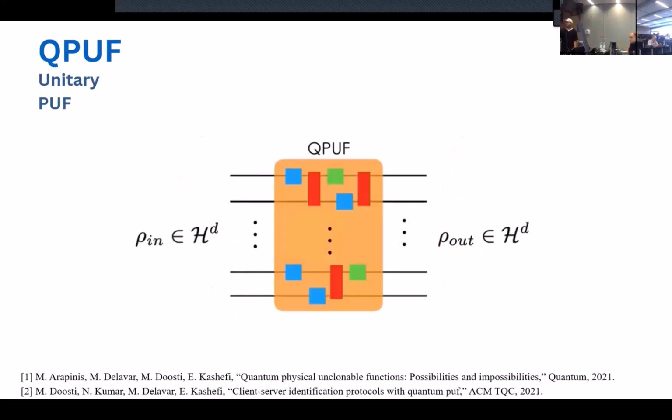And there are other PUFs. In this case, we again assume the QPUF behaves as a unitary map that converts the input state into the output state. But this is found to be not secure against a quantum polynomial time attack. If you give the PUF to a third party, they can analyze it and come up with a mathematical model of the PUF.